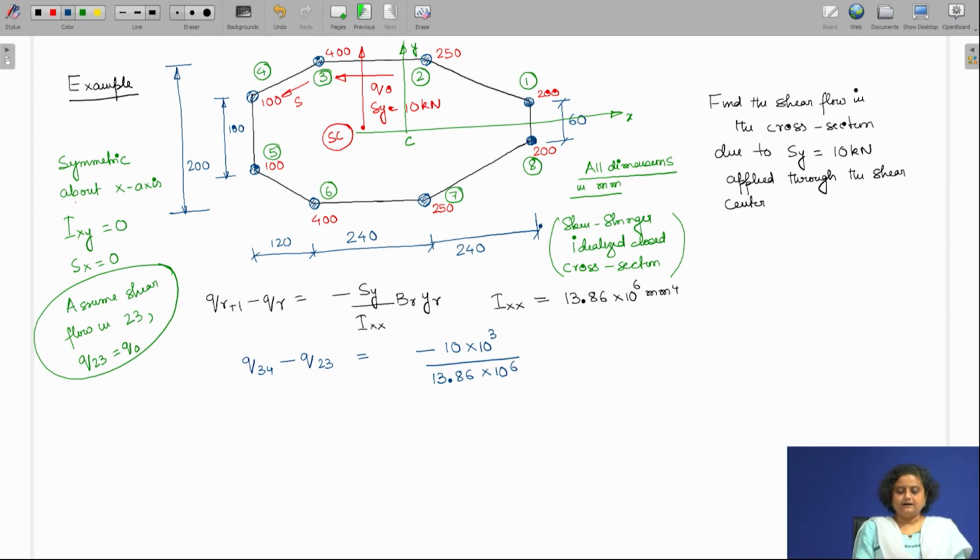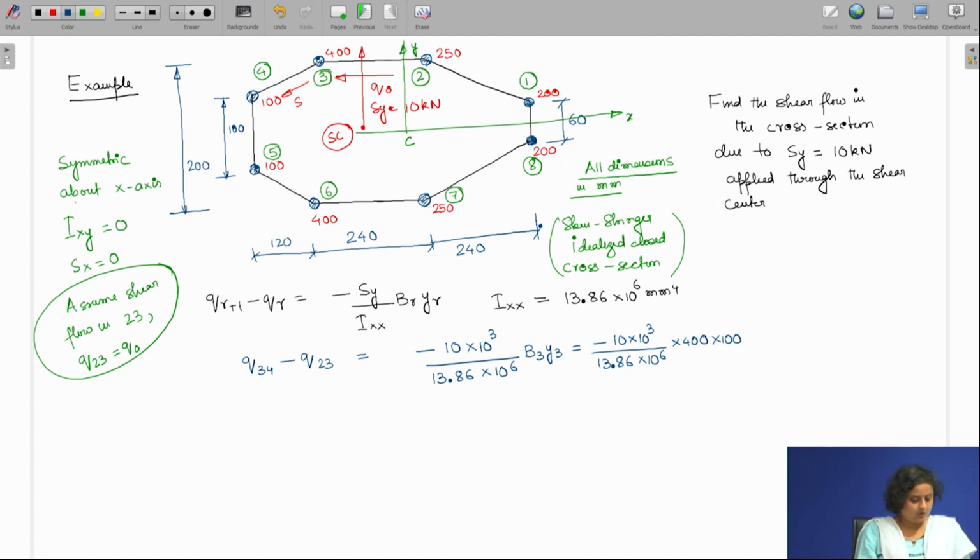Now, Br is going to be B3 into Y3, which is going to be minus 10. Now, Br is 400 and Yr is going to be 100.